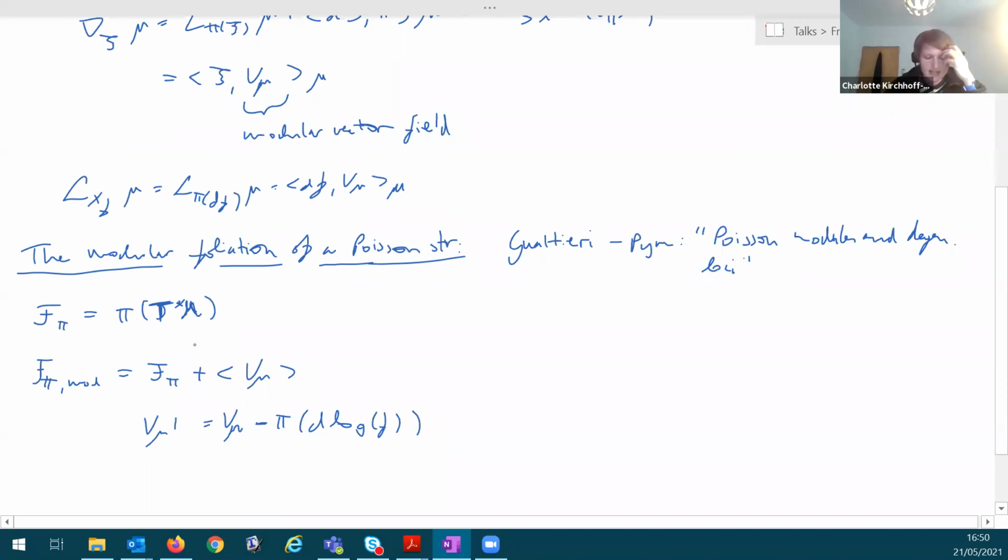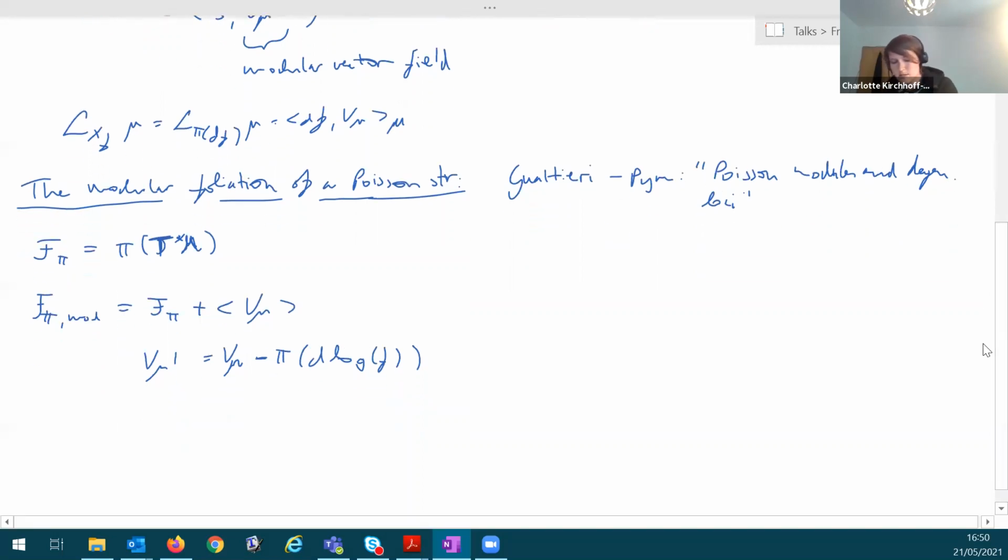So the foliation itself is independent of whichever local modular vector field I use to define it. And this second foliation that is also associated to every Poisson structure has not been studied particularly intensively. So not that much is known about its behavior for general Poisson structures.